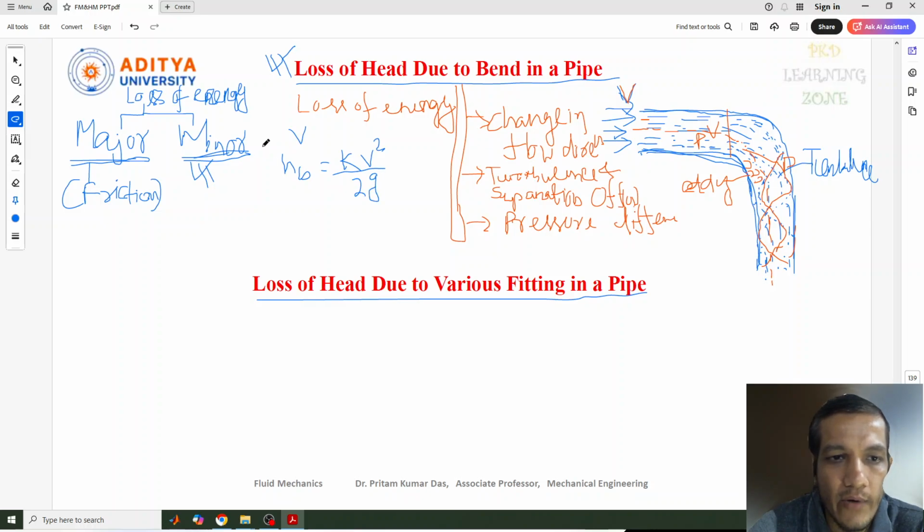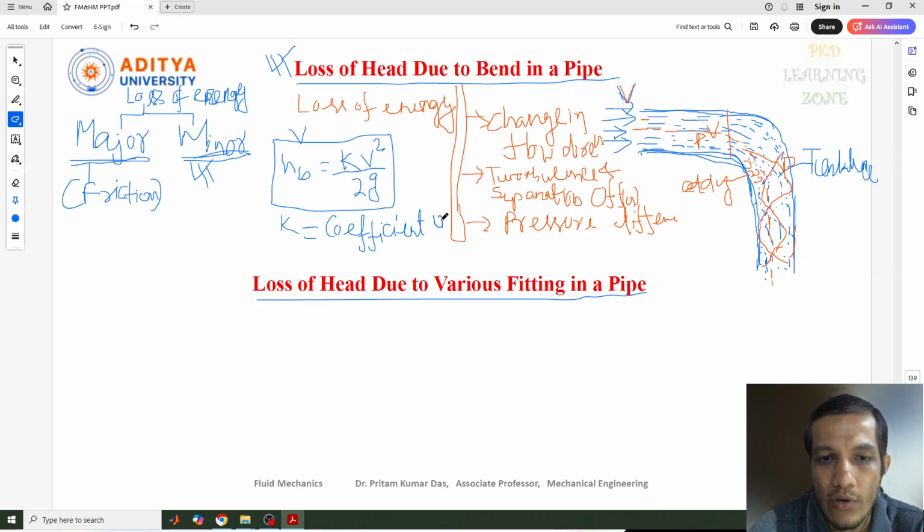So what is K, what is V? V we already know, it is the velocity of the fluid flow, and here K equals the coefficient of bend. And HB, as I told you, is the loss of head due to the bend in the pipe.